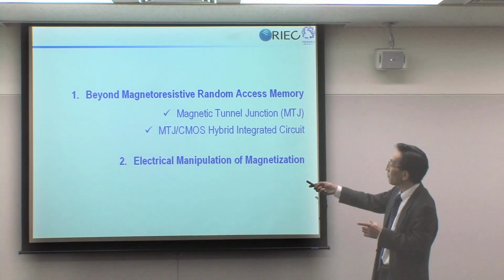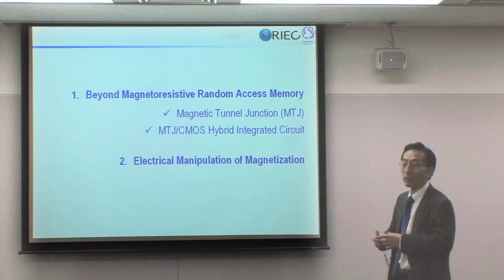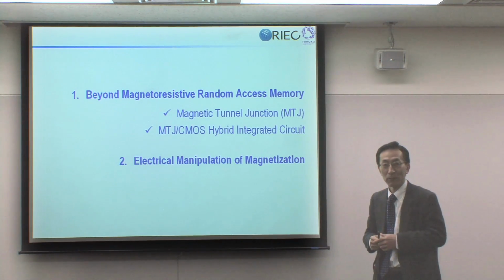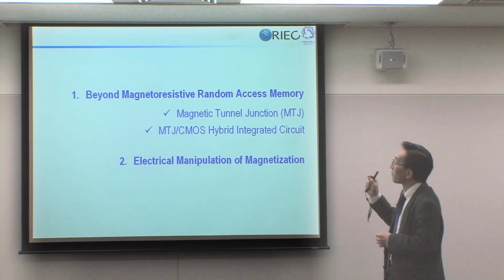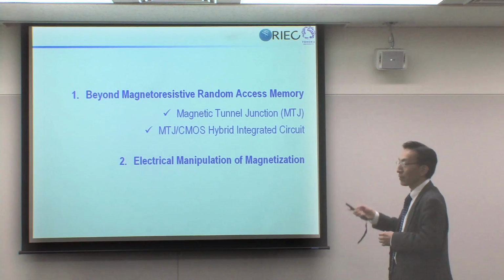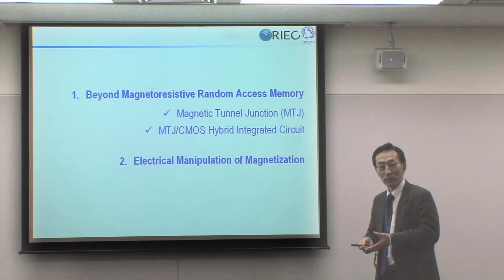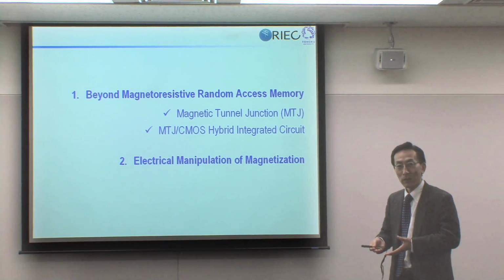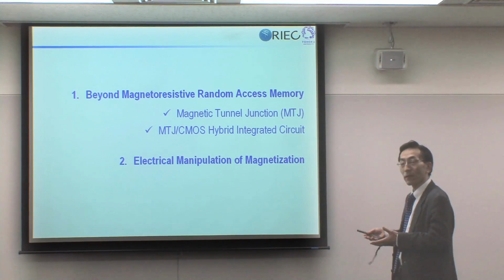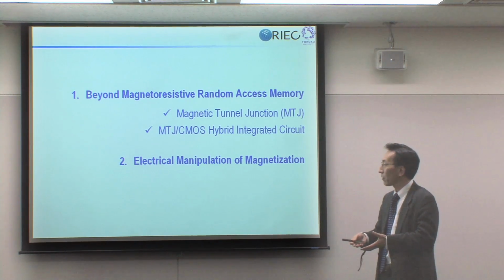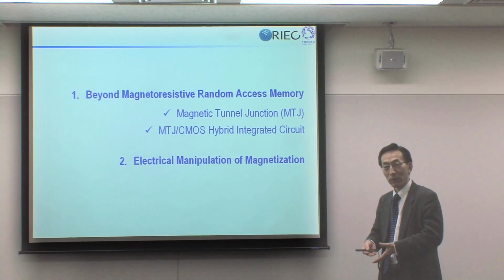So many people are using this for magnetoresistive random access memory. But what I would like to discuss here is that you can use it as a part of logic, and you can make your integrated logic circuit less power hungry and high performance.